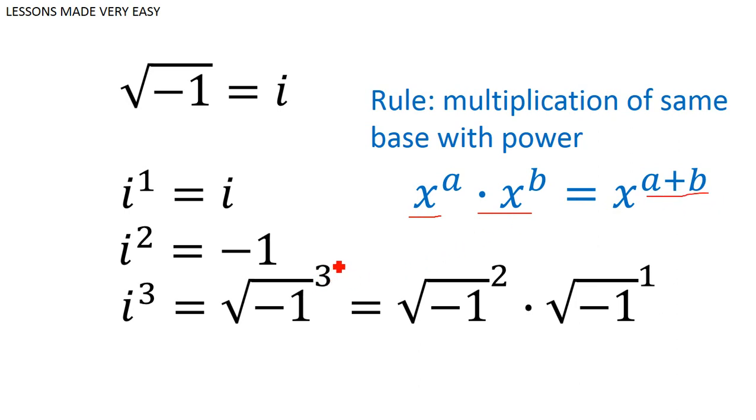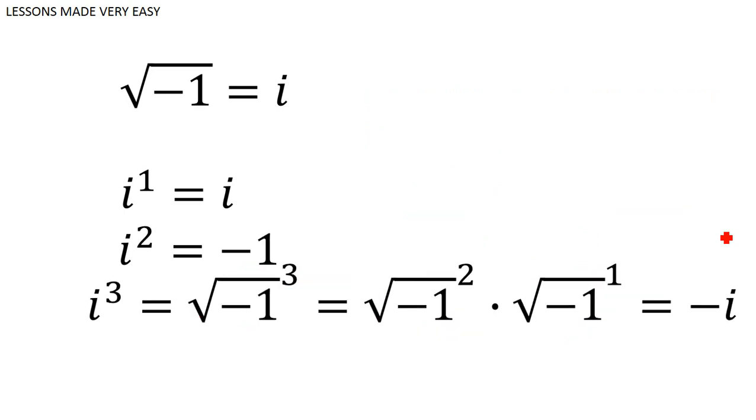So this is just a rule. 2 plus 1 with the same base is just equal to the same base, and then you add 2 plus 1 equals 3. Then the square root and the square will cancel out, so it becomes negative 1 times i, so that's why the answer is negative i.